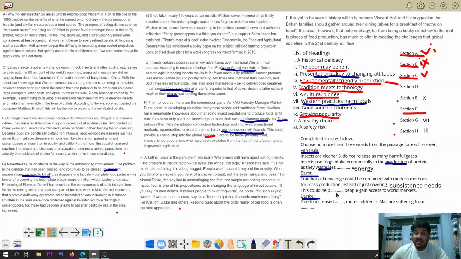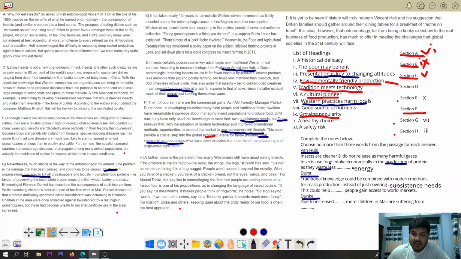So this could help dash people gain access to world markets. So here, this could provide a crucial step into the global economic area for those primarily rural impoverished populations. So the rural people or the people who are impoverished will get access to the global market.